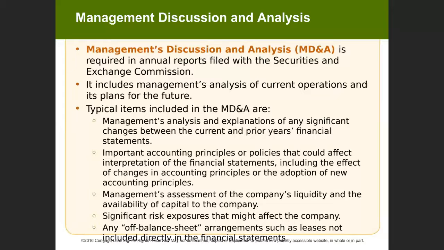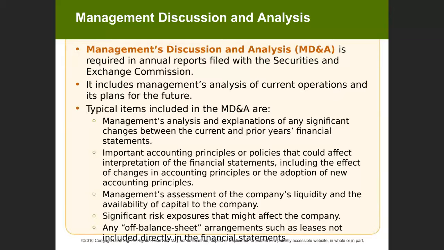Typical items included in the MD&A are management's analysis and explanations of any significant changes between the current and prior year's financial statements. Important accounting principles or policies that could affect interpretation of the financial statements, including the effect of changes in accounting principles or the adoption of new accounting principles.